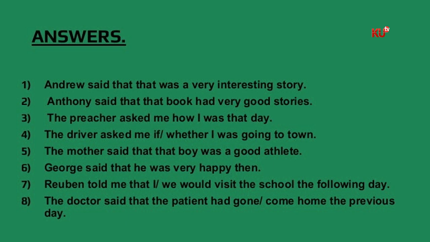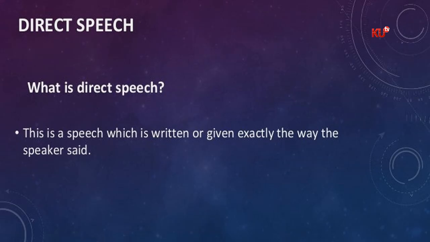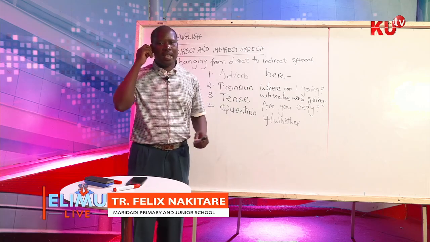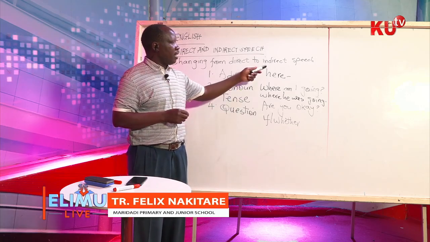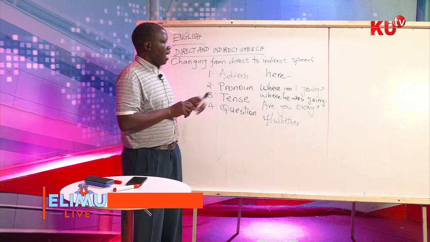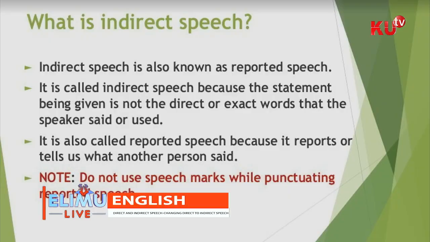Direct speech is where we give the statement verbally or written exactly the same way it was given by the speaker. In indirect or reported speech, we give a report of what was said by somebody, and you don't use the exact words of the person who spoke.